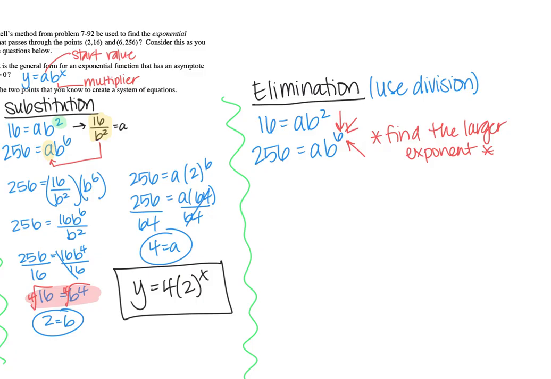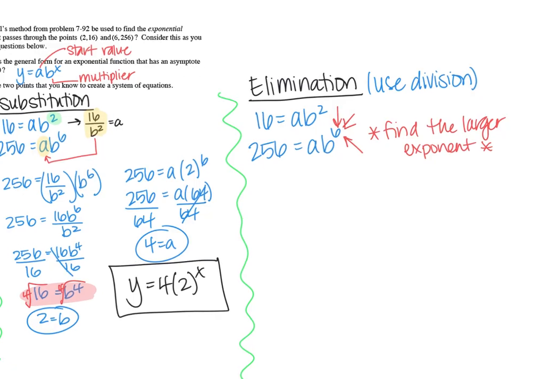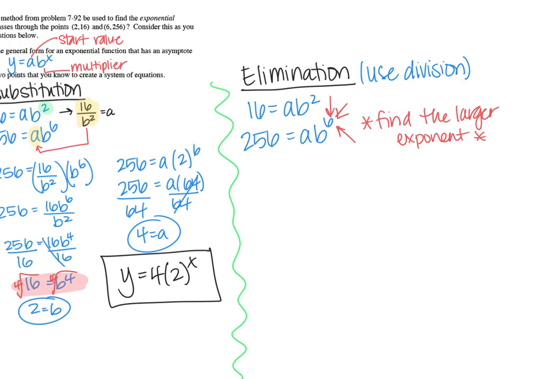So that means the first equation that I want to deal with is 256 equals ab to the 6th. So I'm just going to write that equation. 256 equals ab to the 6th. Now, because it's the equation with the larger exponent, I'm going to divide it by the other equation.